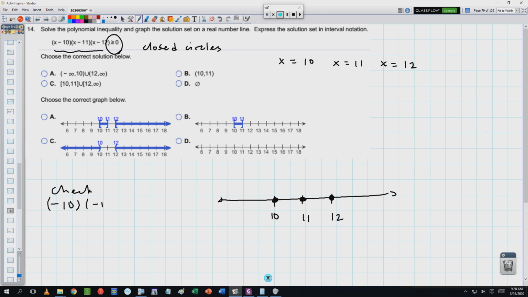Take away 11 is negative 11. 0 take away 12 is negative 12. We're multiplying 3 negative numbers together, so that's going to be a negative something. Greater than or equal to 0? No. So we will avoid this. We will shade here, avoid, and shade. And that is choice A.